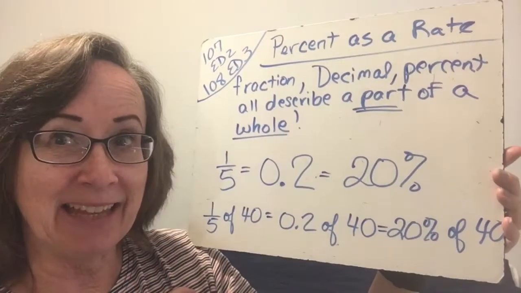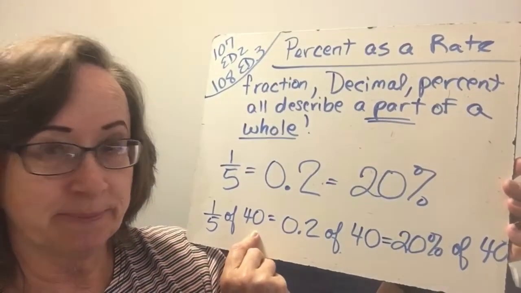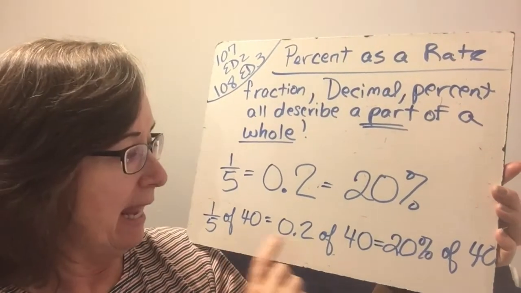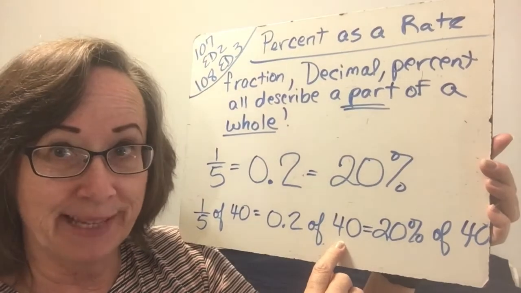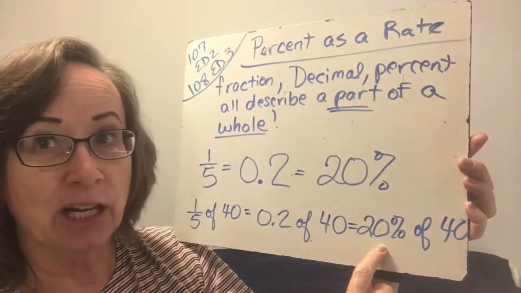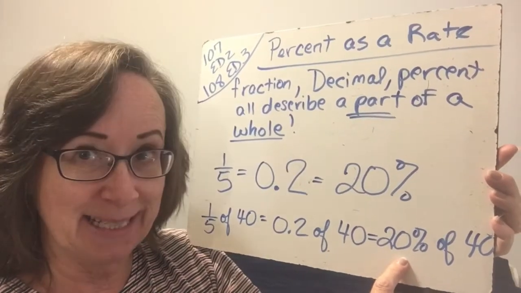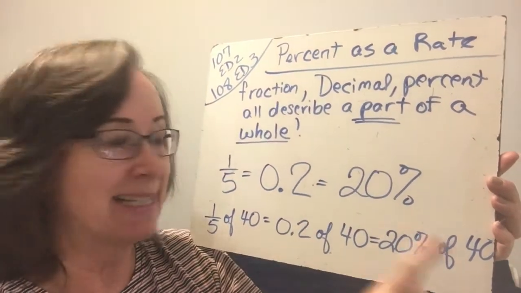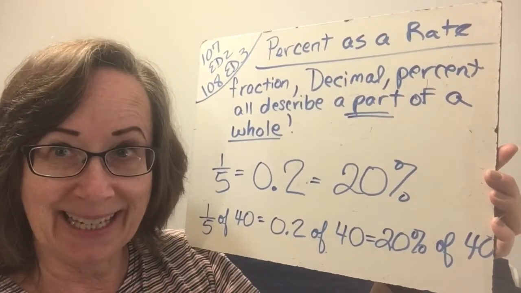And we can see that they're all equal. If we take 1/5 of 40, it's 8. If we multiply 0.2 times 40, it's 8. And if we take 20% of 40, it's 8. So we can see that these are all the same quantity.